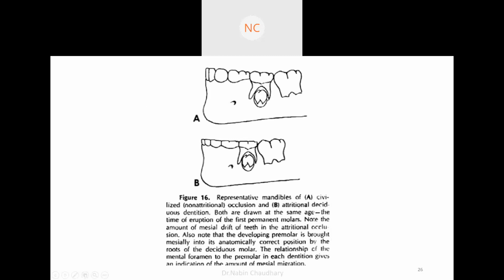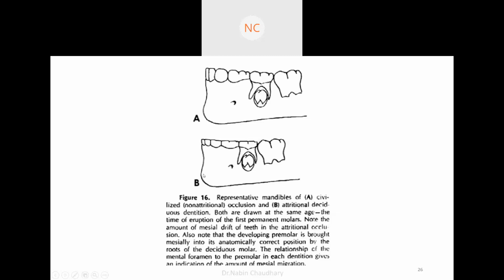So this upper one is in case of the civilized man, where there is lack of the attritional occlusion, and the erupting premolar is not majorly moved.